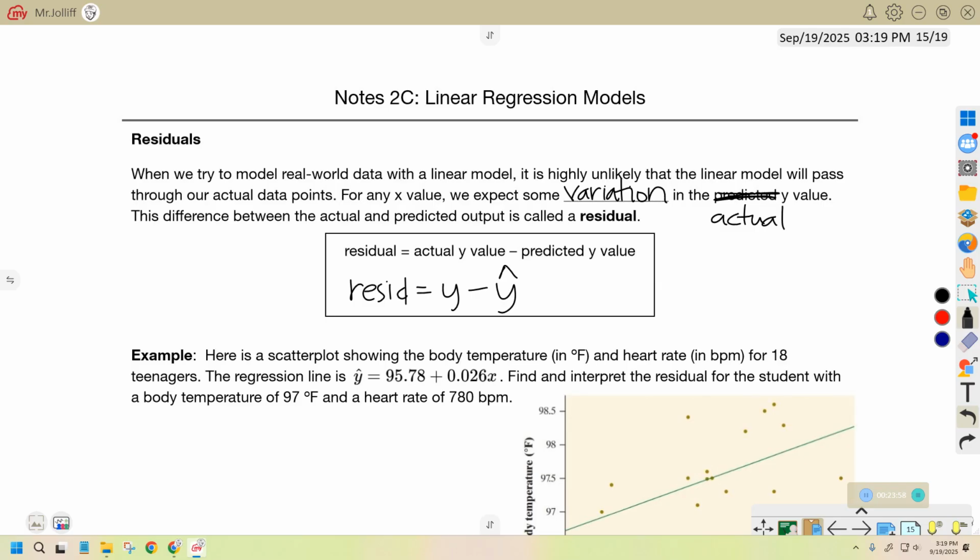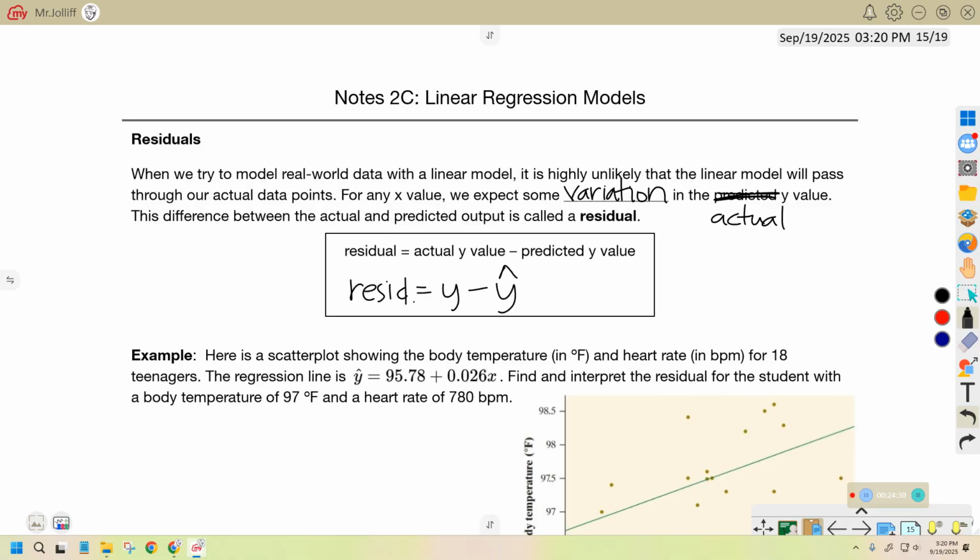Notice that it's only looking at the y. It is a vertical distance. I'm looking at the vertical difference between the output for the input and then the predicted output for the input. It is important that you remember actual minus predicted, because this is one of those things that is not on the equation sheet.